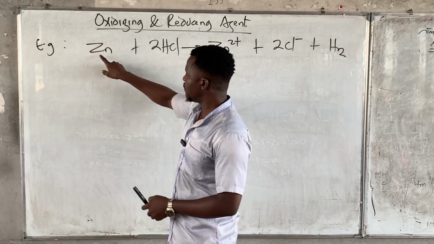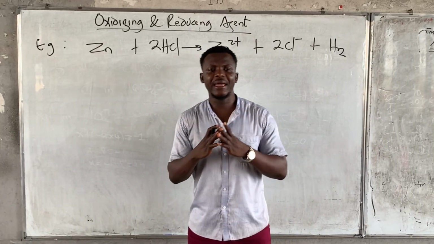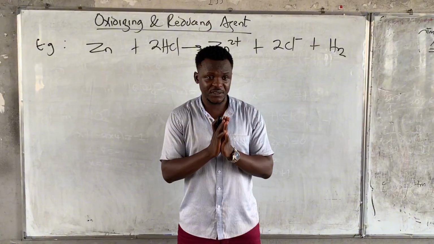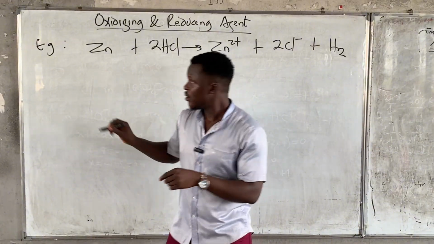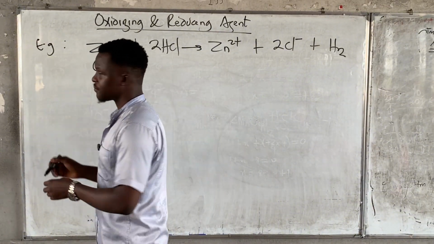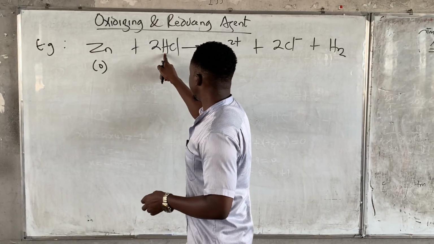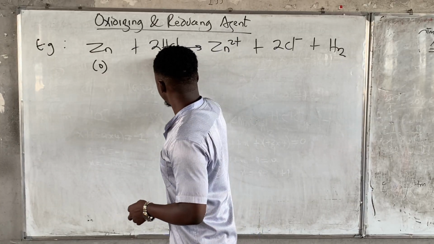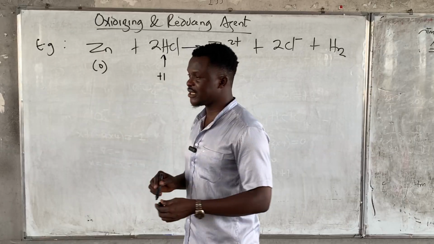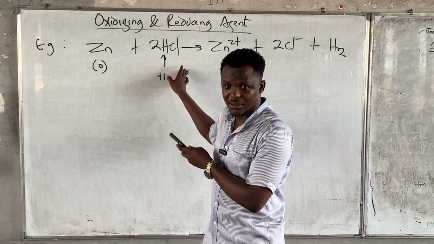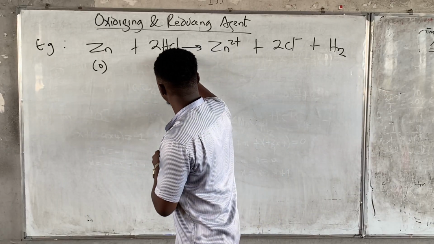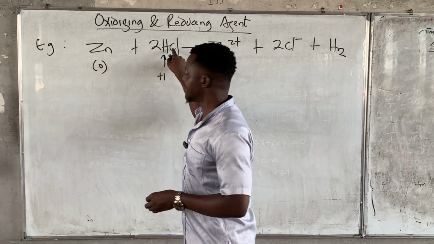Now, the oxidation number of this zinc: remember the first rule, an element in an uncombined form or free state is 0, right? So the oxidation number of zinc is 0. Hydrogen here is going to be +1 because this is hydrogen combining with a non-metal. Chlorine here is going to be -1 because this is a binary compound.